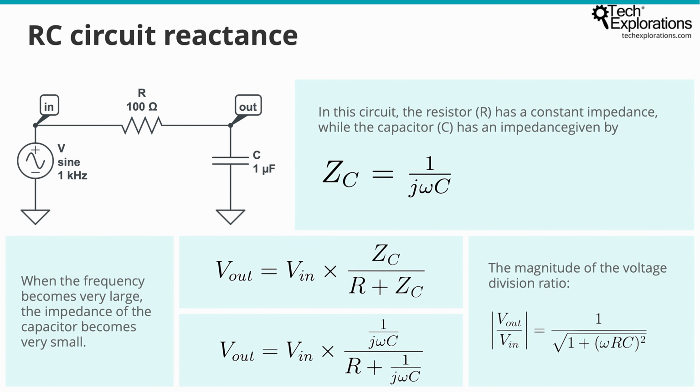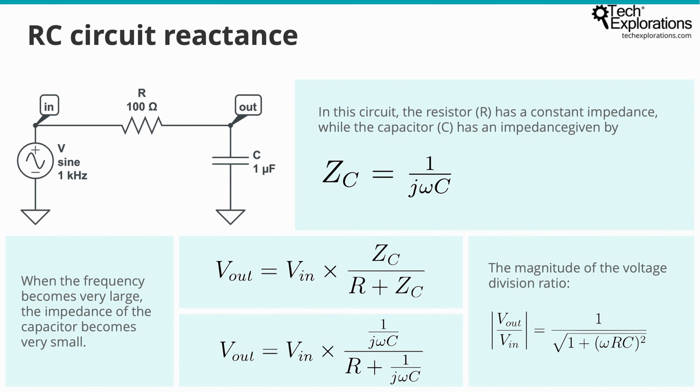On the top side, we've got 1 divided by j omega C, and on the bottom, we've got R plus 1 divided by j omega C. This expression can be simplified to analyze both the magnitude and phase of the output voltage. The magnitude of the voltage division ratio is given by this formula. Now this formula shows that at low frequencies with a small omega, angular frequency, the capacitor's impedance is high and most of the input voltage appears across it.